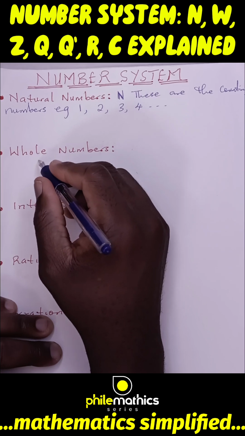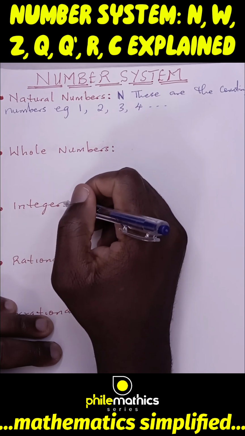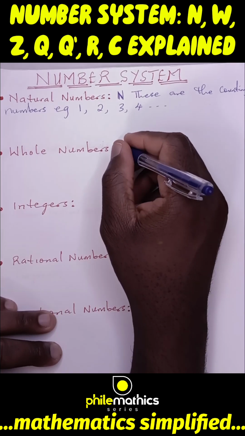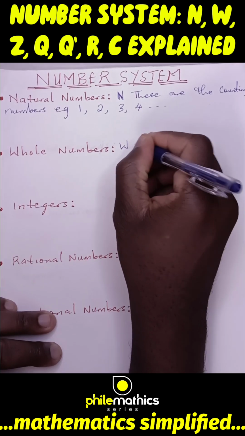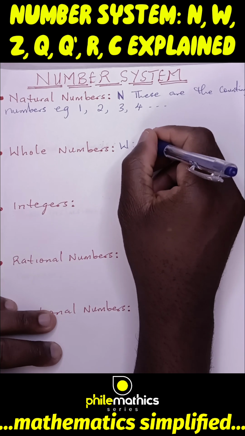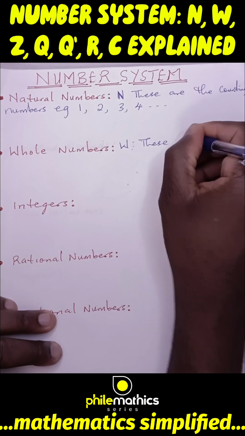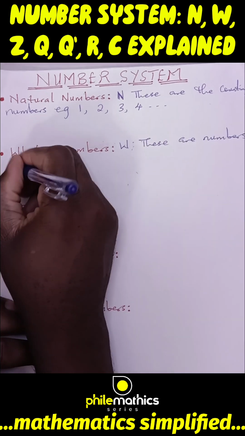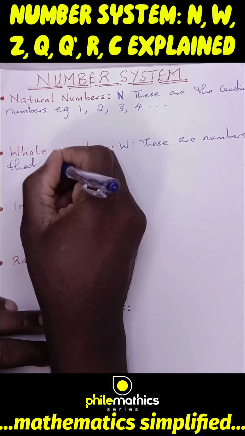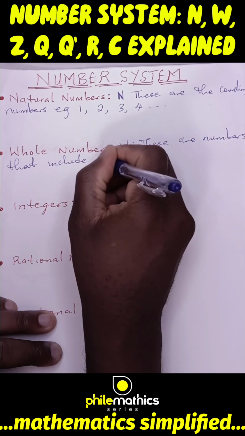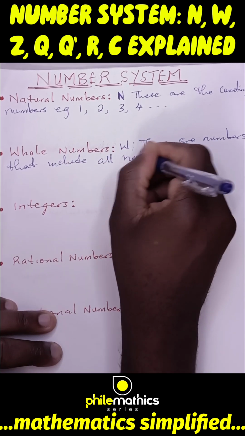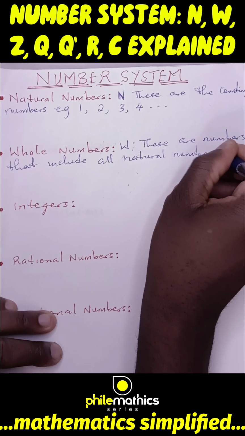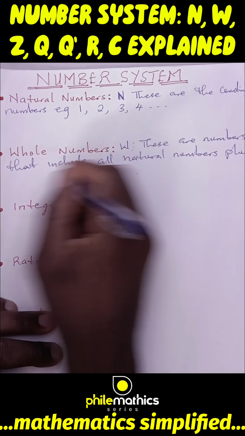The next we look at are the whole numbers. There is no exact symbol we use for the whole number, but for reference, we are going to denote it with W. So the whole numbers, these are numbers that include all the natural numbers plus zero.